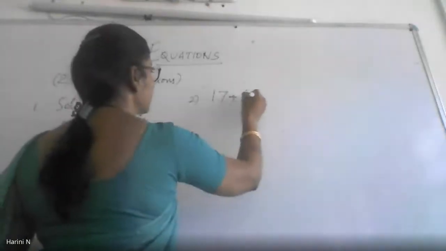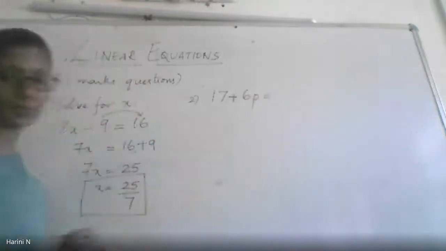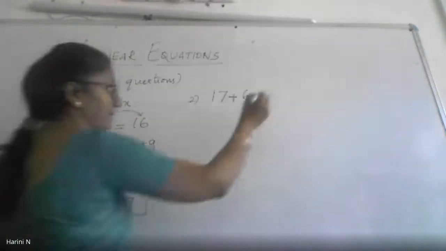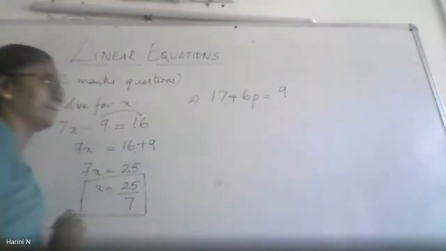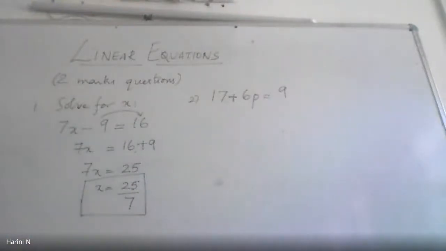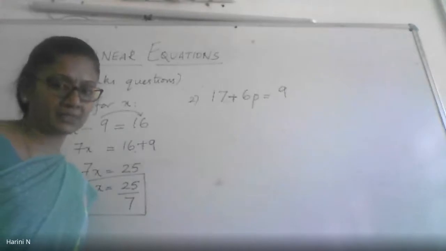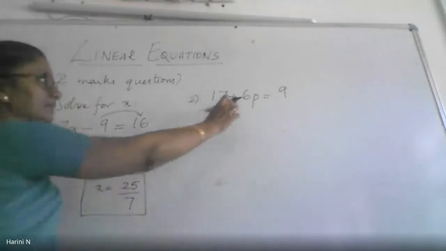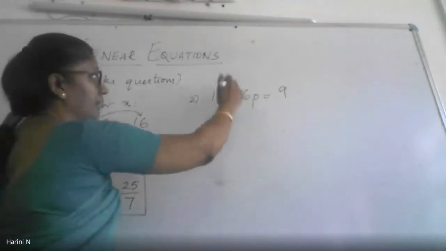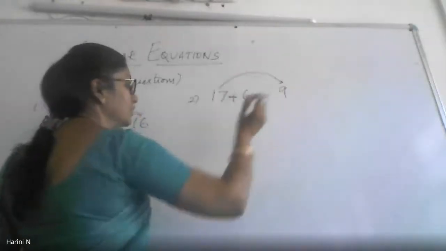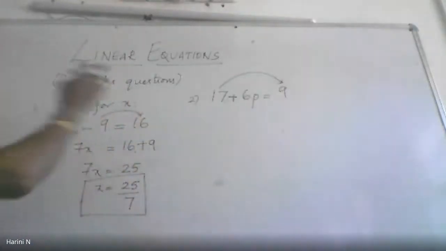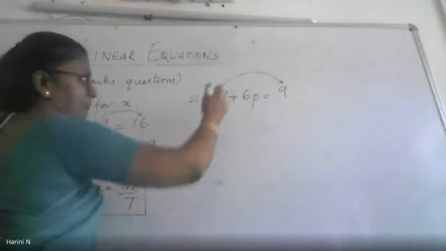17 plus 6p equals 9. So the variable is p here. You have to solve for p. You will transpose the constant term to the right side. Because it is an addition here, it will go as a subtraction.